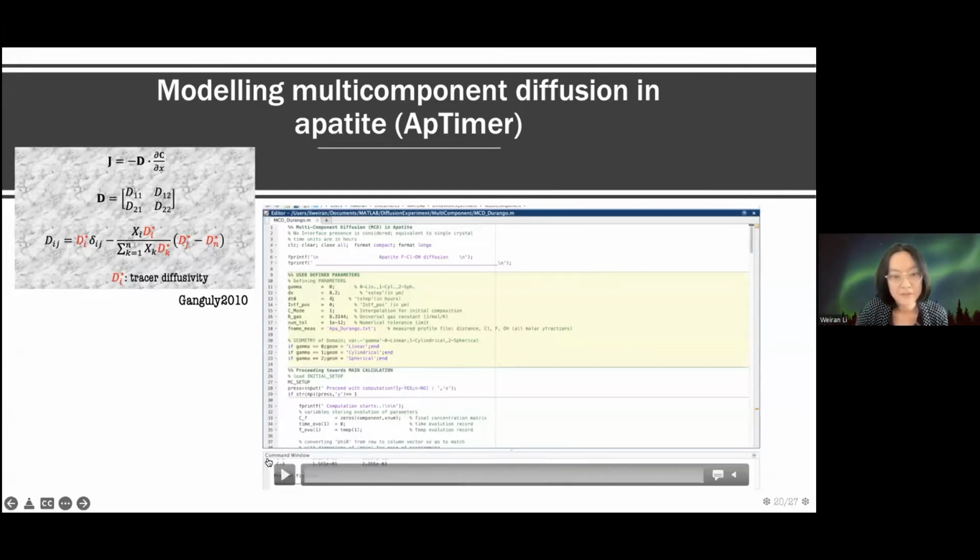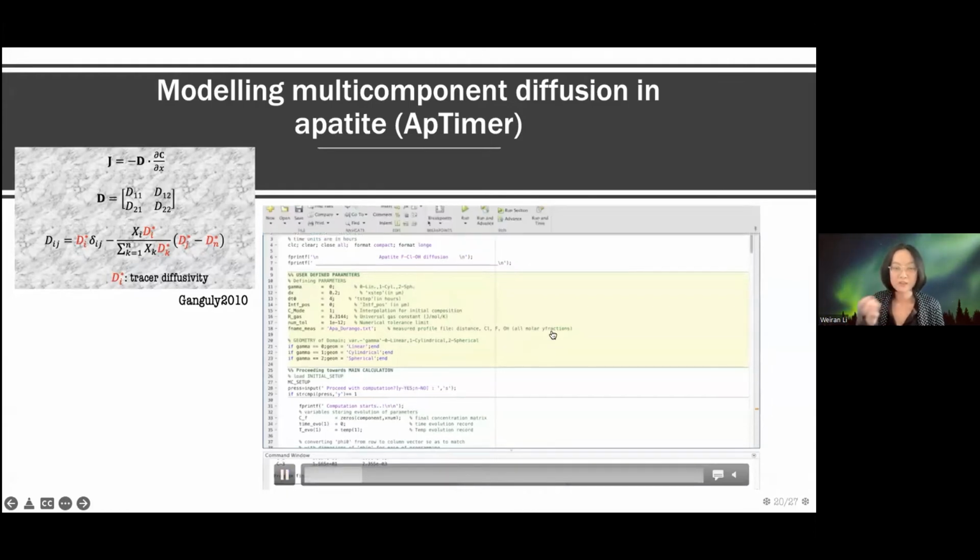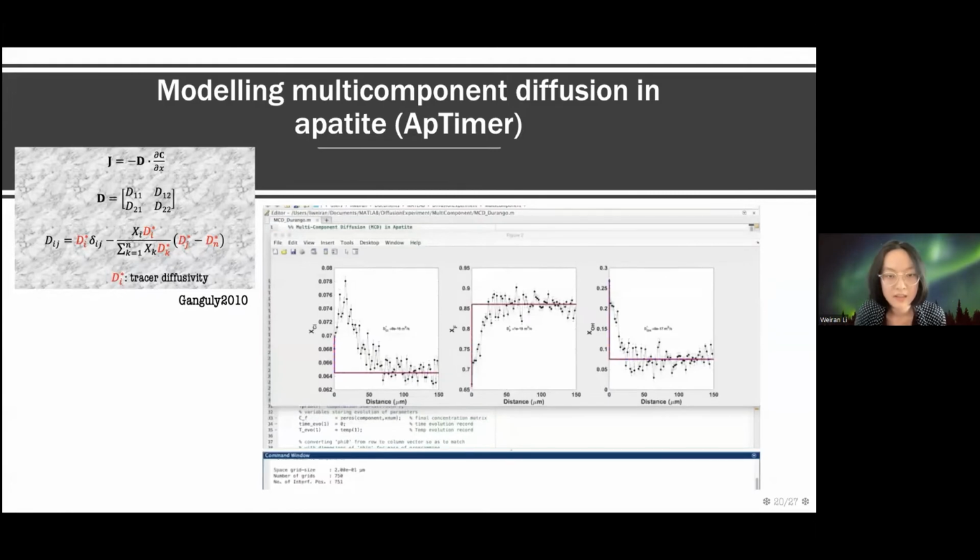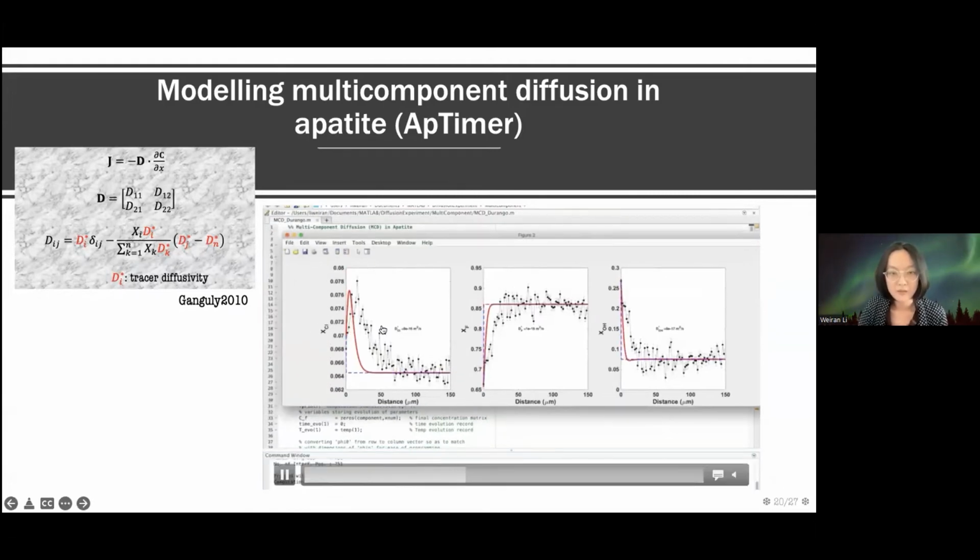Here I have a video showing what we have done. This is also MATLAB code. Here you can see chlorine, fluorine, and hydroxyl mole fraction versus distance in micrometers. The black dots are the measured data, and the blue dashed line is the initial condition.